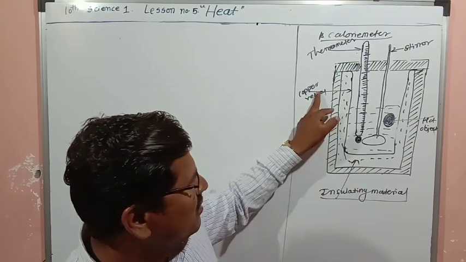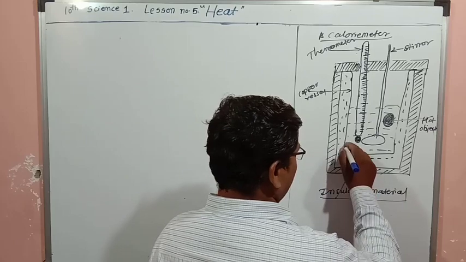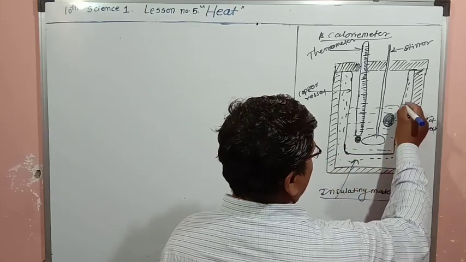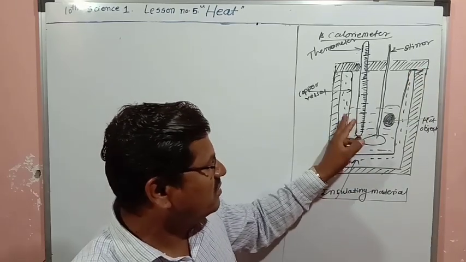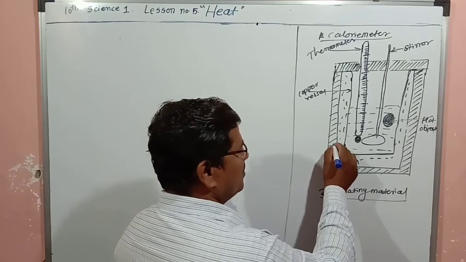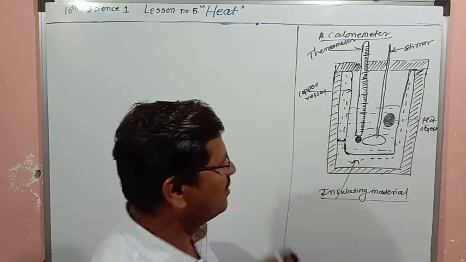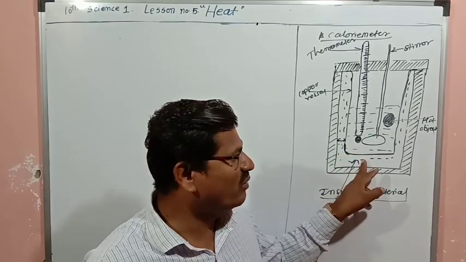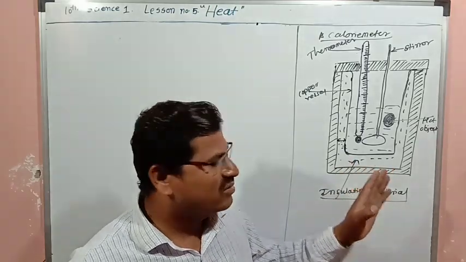In that, one copper vessel is placed, and between the copper vessel and the outermost boundary, air or wool is kept, because air and wool are bad conductors of heat.